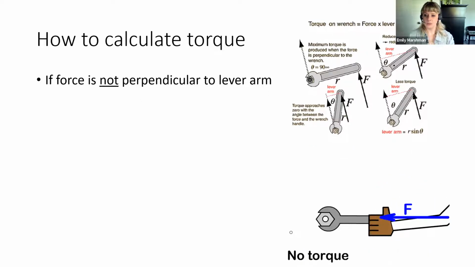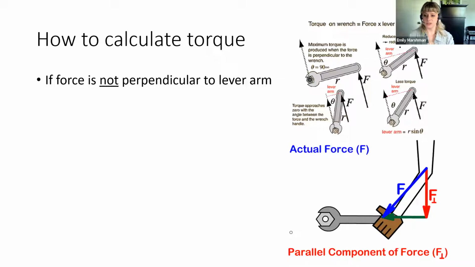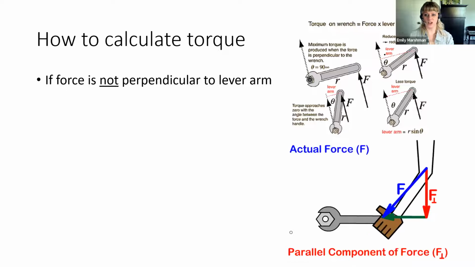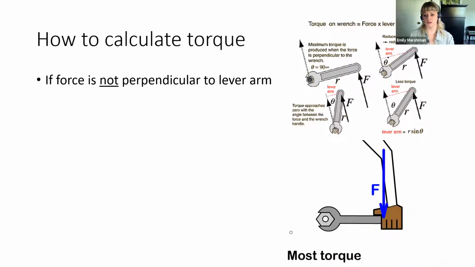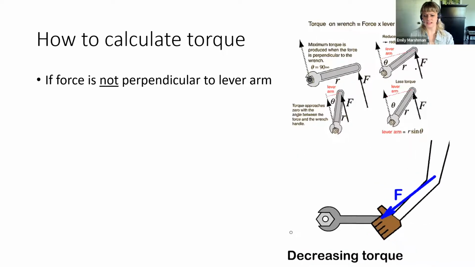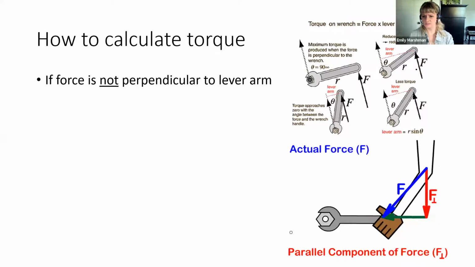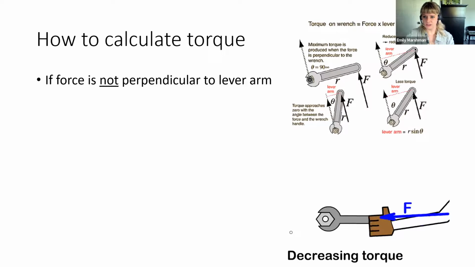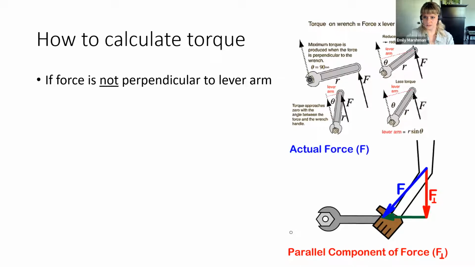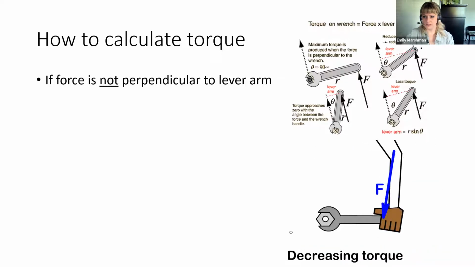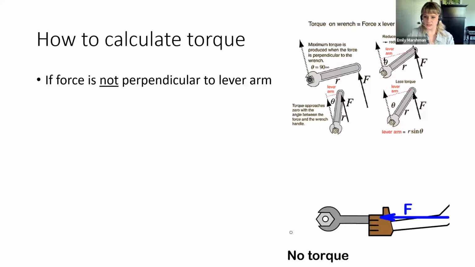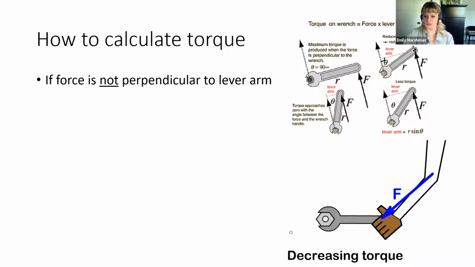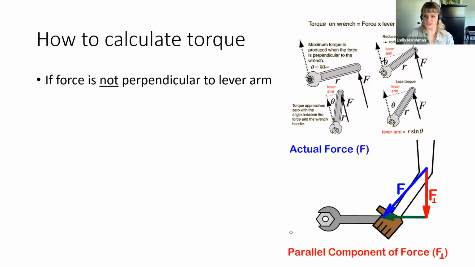See up here on the top picture in the top right-hand corner, we have a situation in which the force is not perpendicular to the lever arm. The force is being applied at an angle to the wrench. My line of action of the force is like right here. The perpendicular distance from the axis of rotation to the force line of action is this length right here.